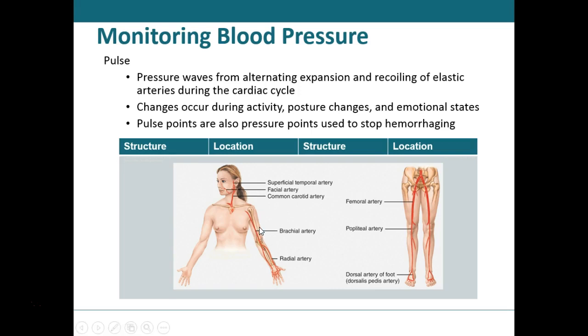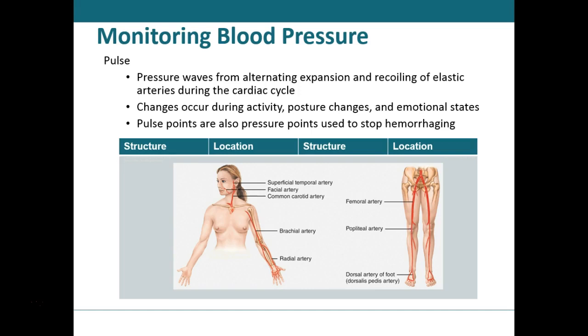The brachial artery, the one that we occlude when we're doing a blood pressure with the sphygmomanometer, is going to be on the medial side of the biceps brachii. The femoral artery is inferior to the inguinal ligament, so in the front portion of the thigh. The popliteal artery is going to be posterior to the knee, but of course we have an anterior view here, so for popliteal, you would look on the dorsal side of the knee.